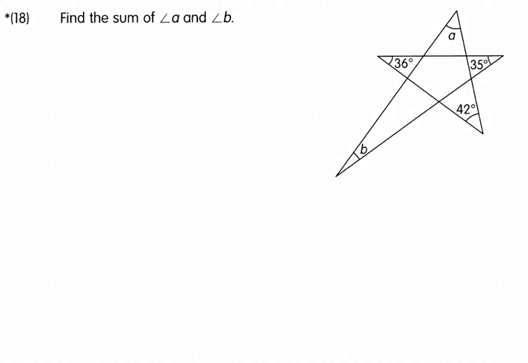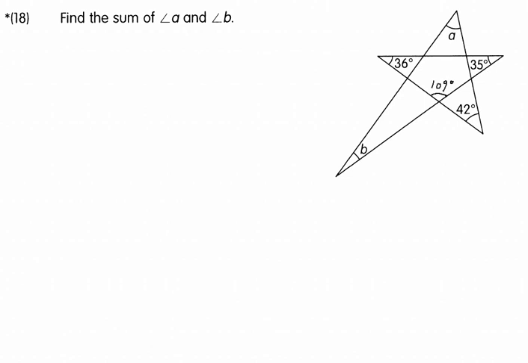Will we be able to know this angle? We can, right? Because based on this triangle, 180 minus 36 minus 35 equals to 109 degrees. Okay.